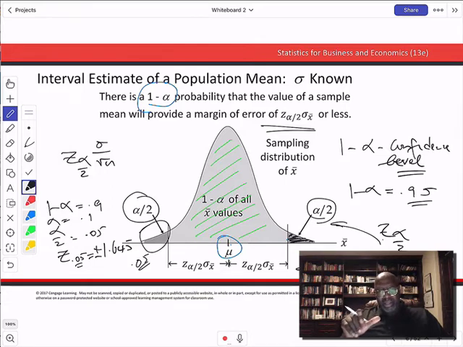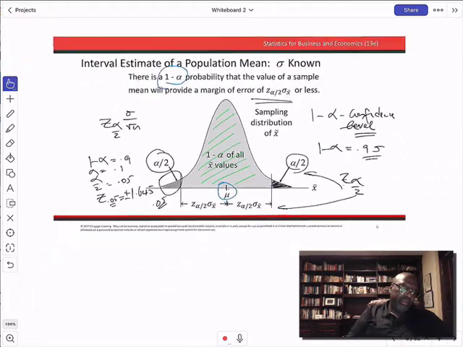The area in the tails would be 0.05, half of 0.1, and so therefore we would have a z value of plus or minus 1.645. Let's look at the case where 1 minus alpha is 95%. Let's take a look at that.